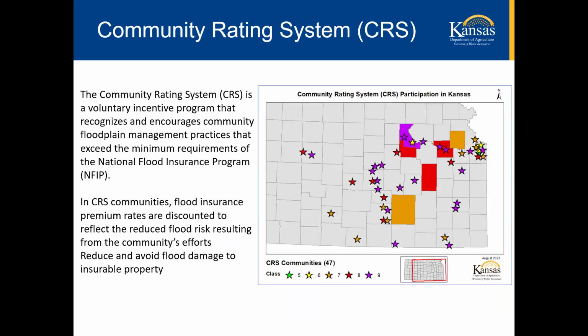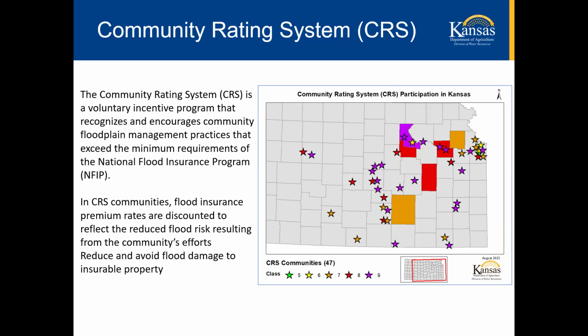So the CRS, which I mentioned briefly, the Community Rating System program, is an incentive program that is voluntary and it goes on top of the NFIP. So it's a little bit separate program that's contained within the NFIP. Basically, communities will take on some additional floodplain management practices that exceed the minimum requirements of the federal and state requirements.